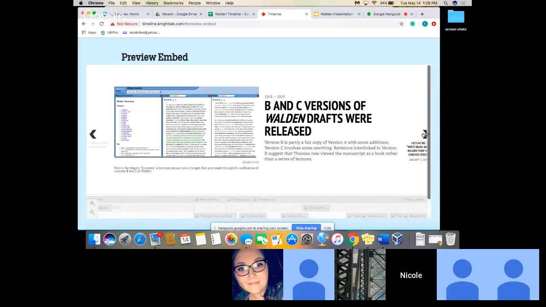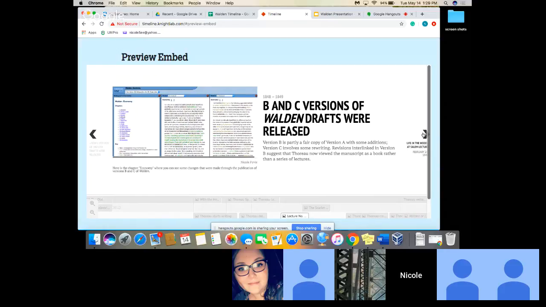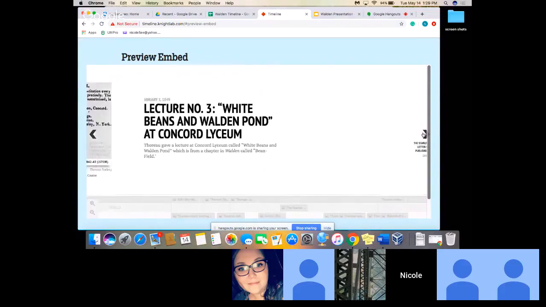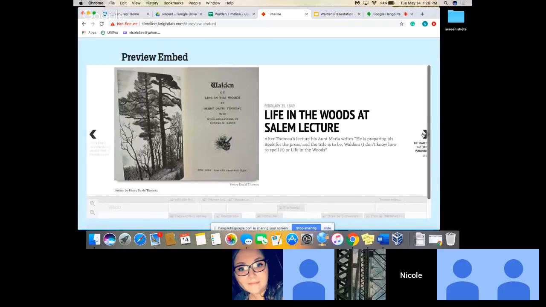You can't see very well, but this is version B, this is version C, and I was just trying to show you the different ways that they changed. And this is how we embedded it into the type. So some lectures that he did. He did a few lectures when he was staying at Walden, and he did lectures that were based on most of the chapters in his book.